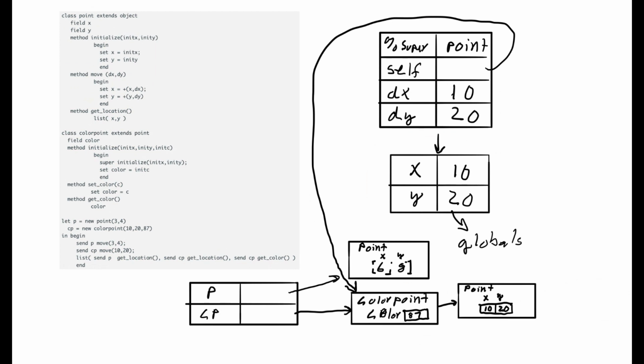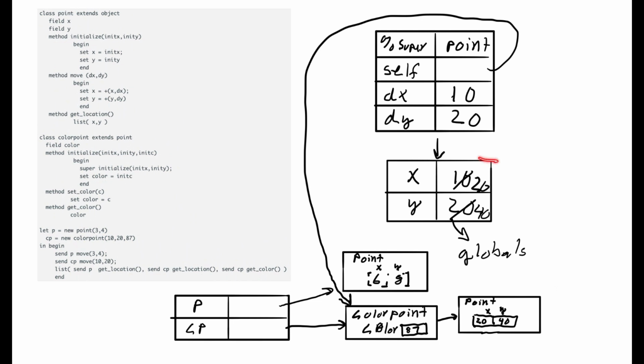But the method itself works the same. It's just going to add this and this together and this and this together and change the values down there. So once again, this box right here is the same box as this box in memory. They just have a pointer from this to that box, and this has a pointer to it too. So when we change it here, it also changes it there.